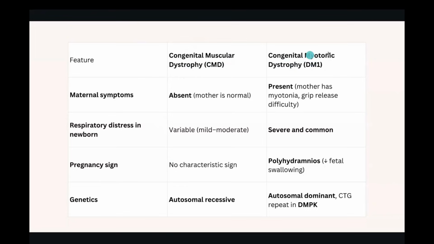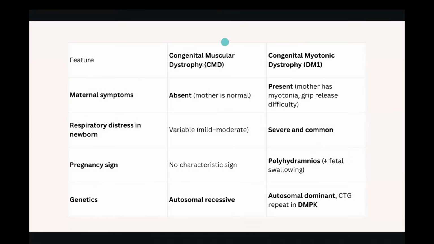We said in congenital myotonic dystrophy, we're going to have maternal symptoms. So the mother is going to have a problem. She's going to have myotonia, okay? Or a problem in her muscles. Respiratory distress is present in congenital myotonic dystrophy. Pregnancy signs, we're going to have polyhydramnios and reduced fetal movement in congenital myotonic dystrophy.